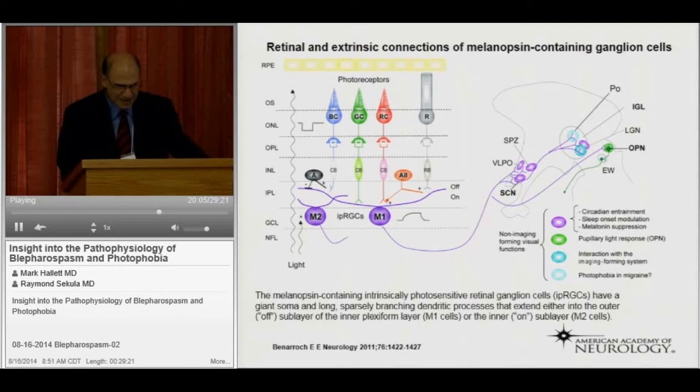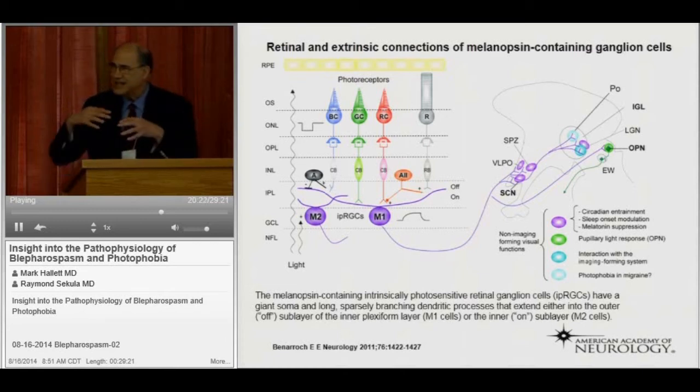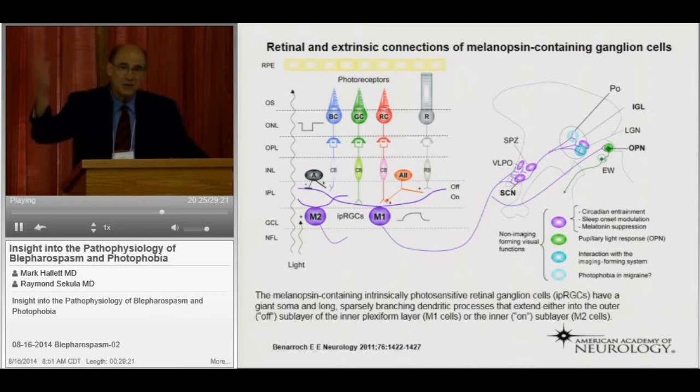They contain melanopsin, and they have a number of interesting roles, sending their information to various parts of the brain for various things. One of the things that they are responsible for is circadian entrainment, that is taking the day-light cycle and deciding when you sleep and wake. So they are responsible for keeping you entrained in the daily cycle of sleeping and waking.